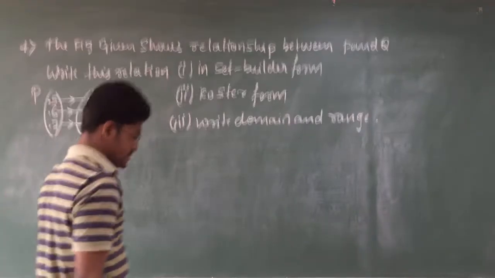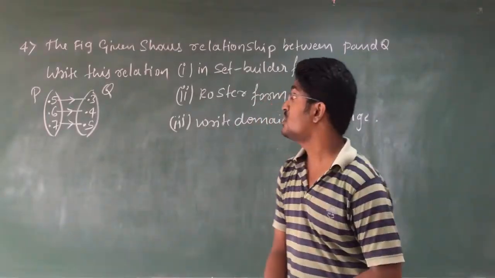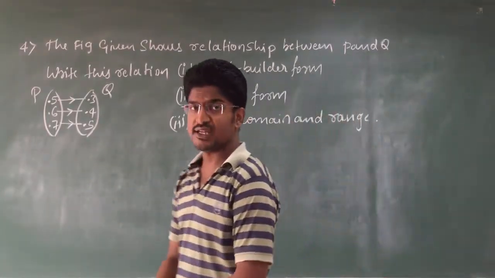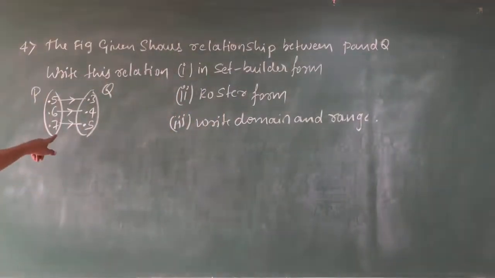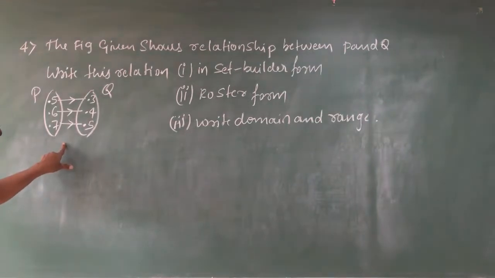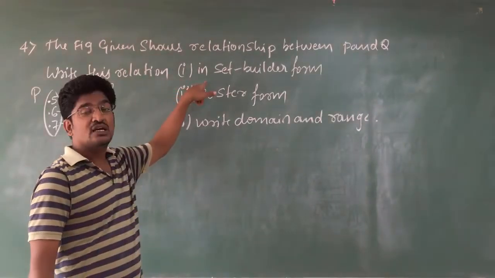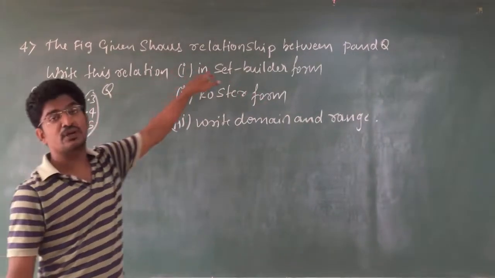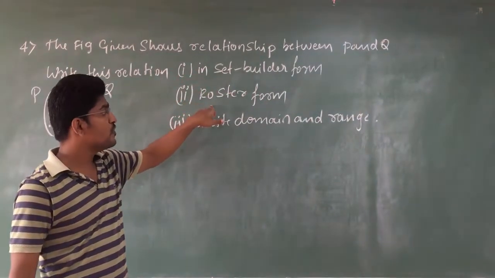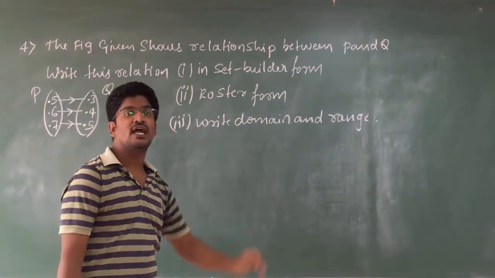Okay students, so now let us go for the fourth question. A very tricky question. Here they have given the arrow diagram. From this arrow diagram they are asking to write it in set builder form. That means this relation has to be written in set builder form, roster form, and write its domain and range.